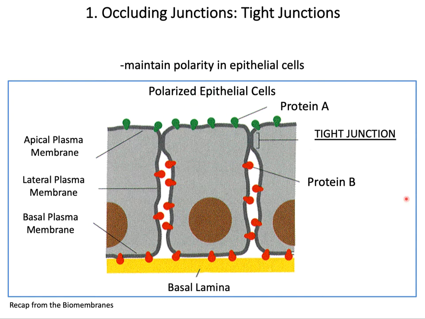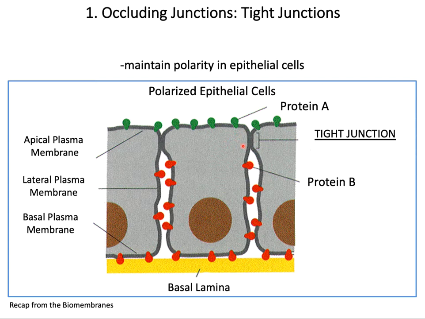For this reason, epithelial cells are referred to as polarized, because they have different proteins on one end compared to the other. And as we learned quite a while ago when we were talking about membrane biology, it is the tight junctions that help maintain that polarity.